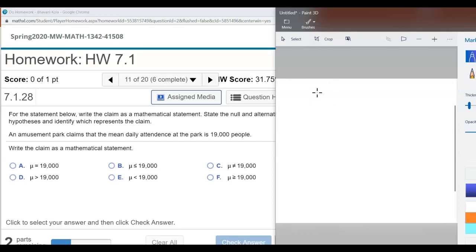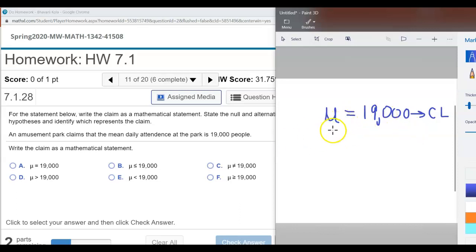It will say the word claim. So what are they claiming? They say the mean attendance is 19,000. Do you see what they're saying? That's what they're claiming, right? It's very clear. And this is my claim. I'm just going to say CL. That's my claim.